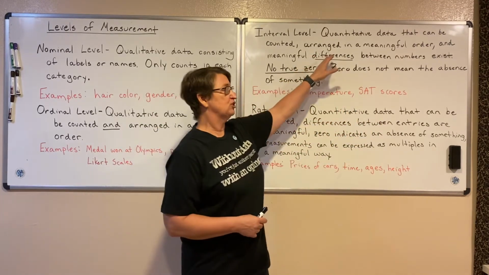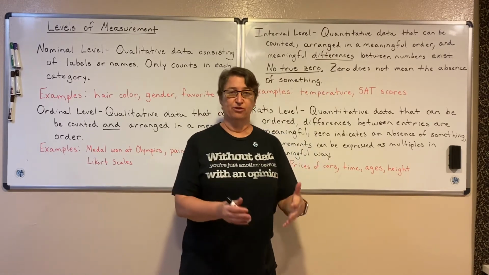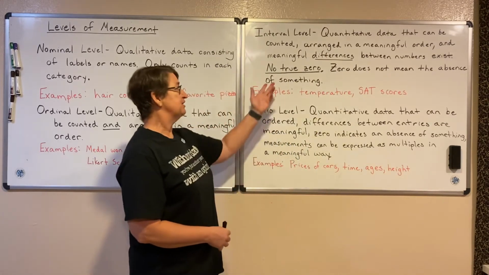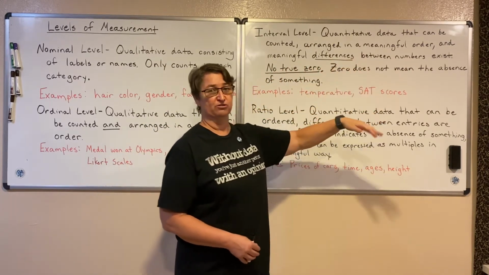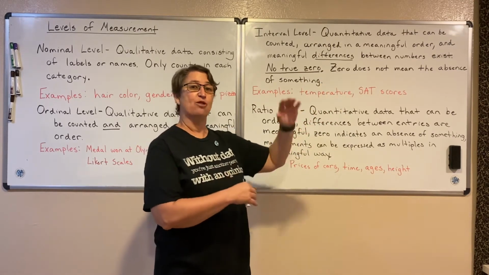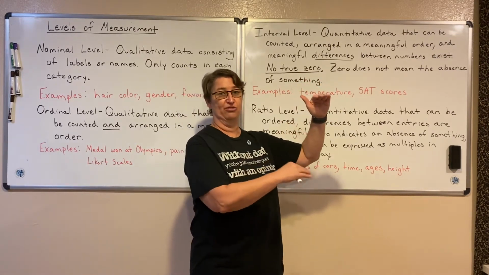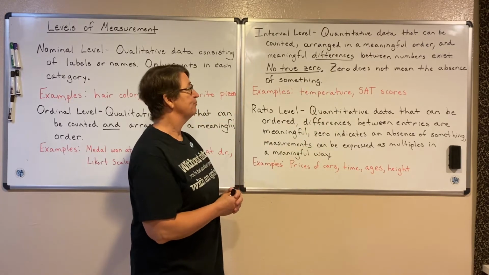I can arrange them in some sort of meaningful order like I did back here. This is bigger than this is bigger than that. In addition to that, I can see meaningful differences between the numbers. I could subtract and find out this one is that much greater than this one. So I can actually look at the differences between them.